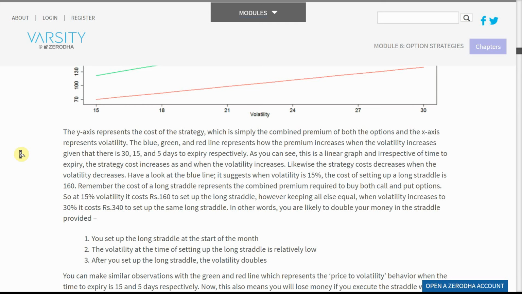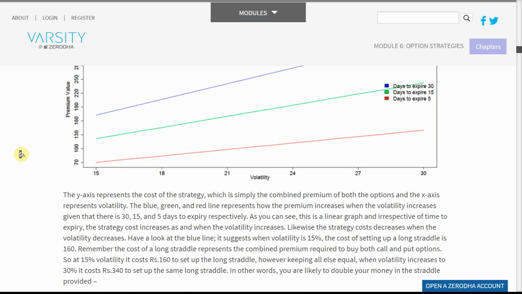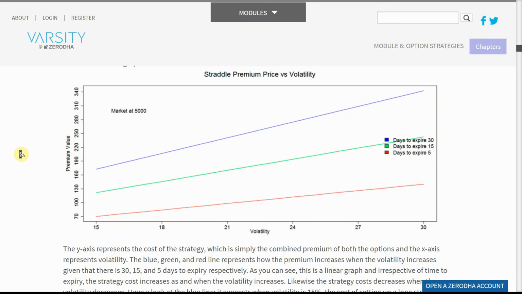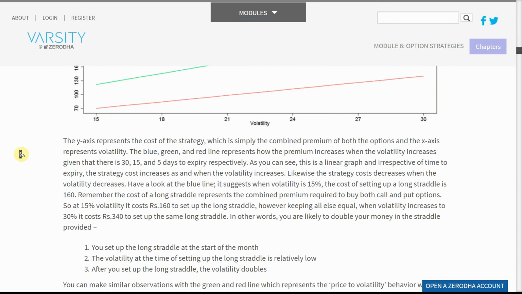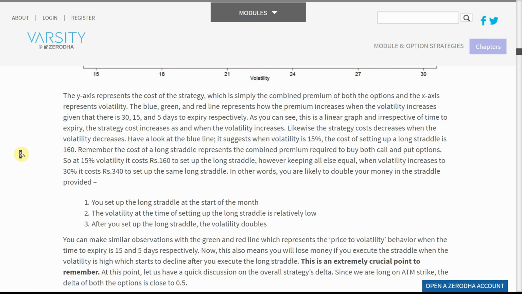Have a look at the blue line. It suggests when volatility is 15%, the cost of setting up a long straddle is 160. Remember, the cost of a long straddle represents the combined premium required to buy both call and put options.